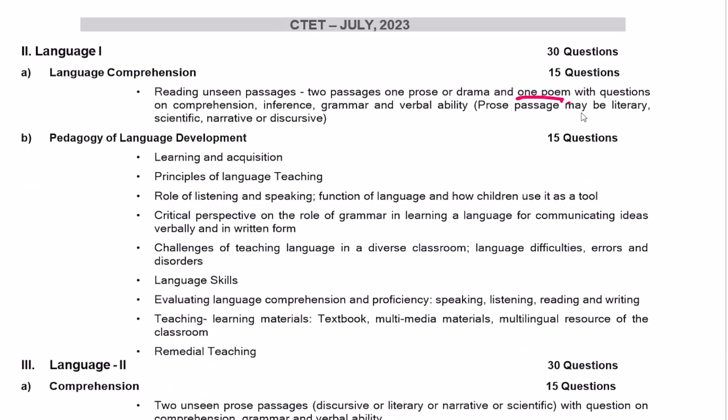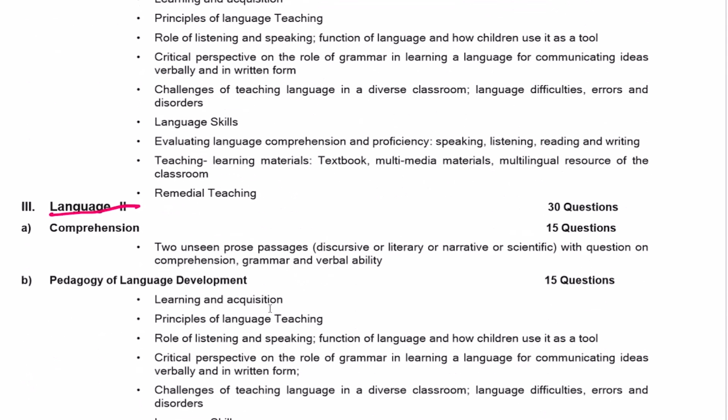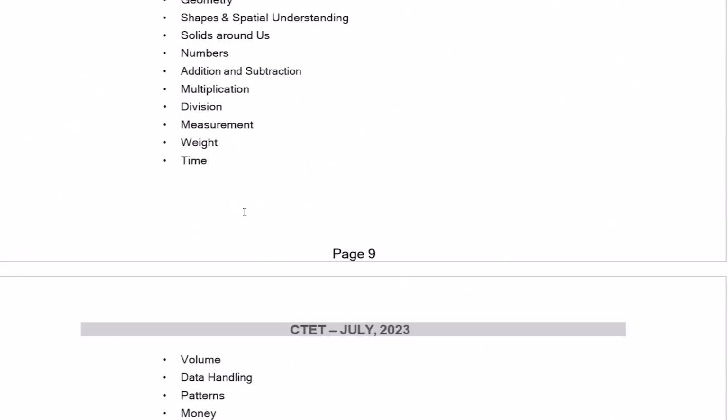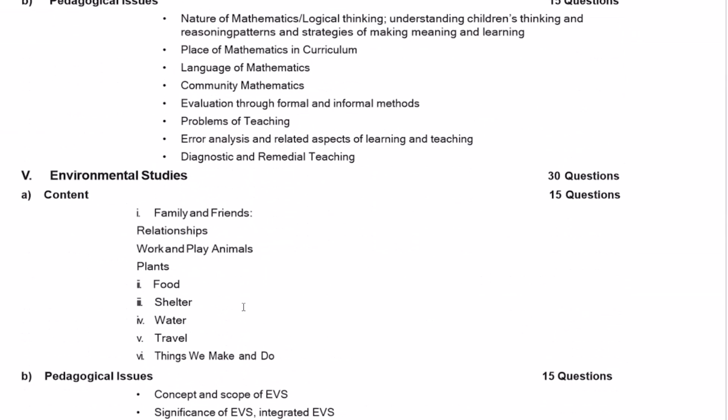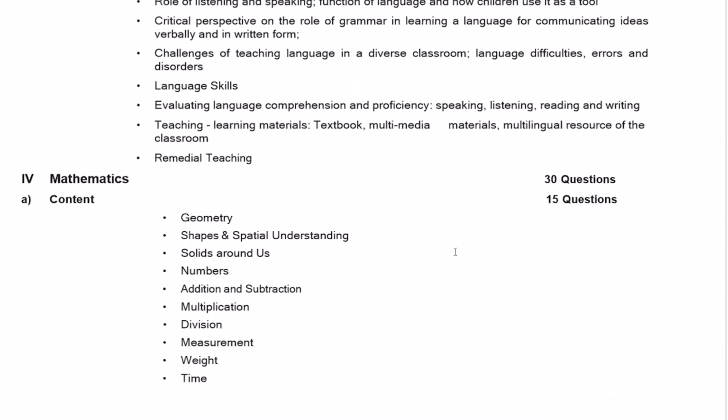But in language 2 we only have 2 unseen prose passages. We do not have a poem. That's why I told you, if you have good command over English, then select language 1 as English, and then language 2 you can select any other language. We also have mathematics syllabus and environmental studies. I'll give the link in the description, you can go and check out.